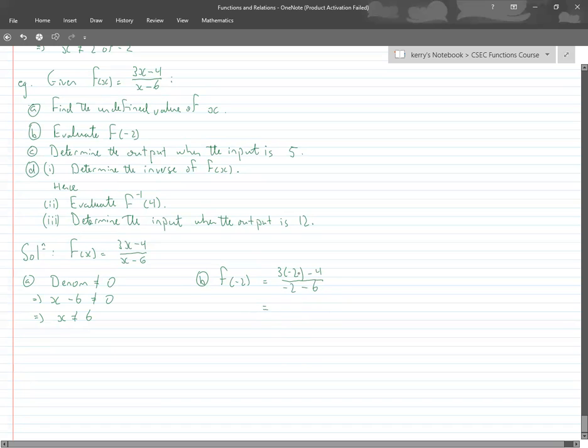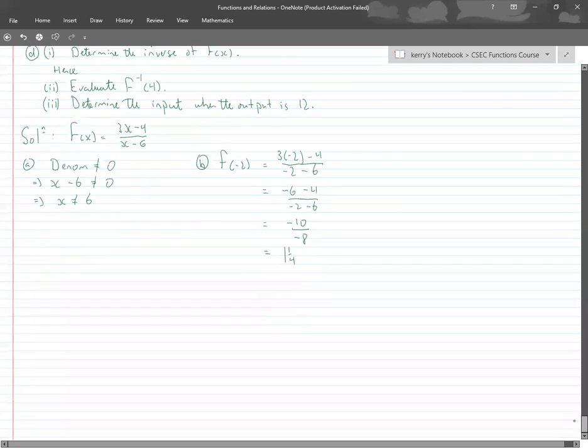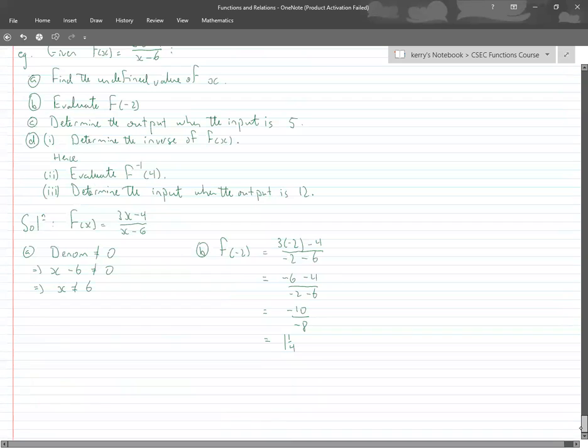So this will give us 3 times negative 2 is negative 6, minus 4, all over negative 2 minus 6. Negative 6 take away 4 is negative 10 over negative 8. And 10 over 8, the negatives will cancel. 10 divided by 8 is the same as 5 over 4, which is 1 and 1/4. For CSEC maths, you should reduce the improper fraction into a mixed number.